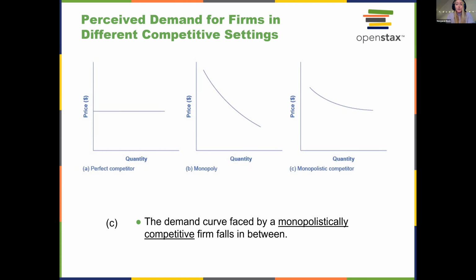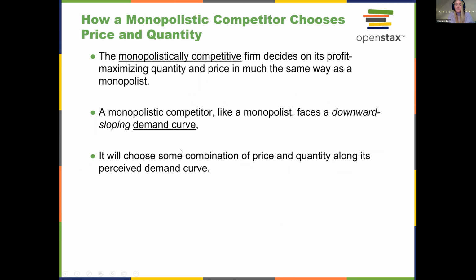It's able to charge a higher price than what the price would be in perfect competition. However, in the long run, the monopolistically competitive firm behaves more like perfect competition and does not make any profits in the long term. So again, we'll be exploring all these ideas in the next video.